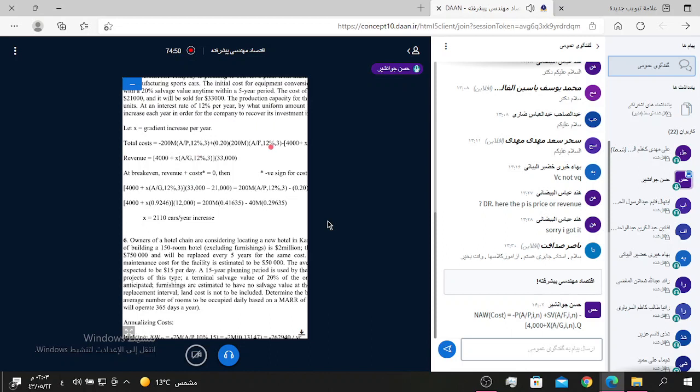Total cost is negative, revenues is positive, so revenues plus cost equal 0, or you can write R minus TC equal to 0. Now you can find X, the car per year increase.